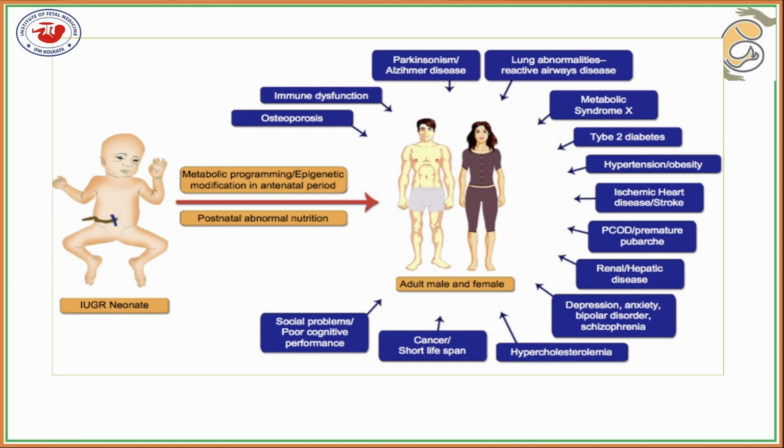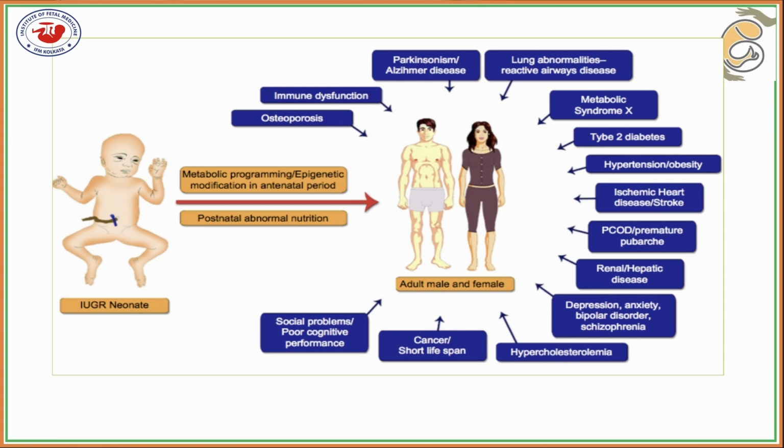To begin with, fetal growth restriction is not something that just ends by delivery. If there is fetal growth restriction in utero, that affects the entire programming which happens in utero for adult life, and that is called Barker's hypothesis.